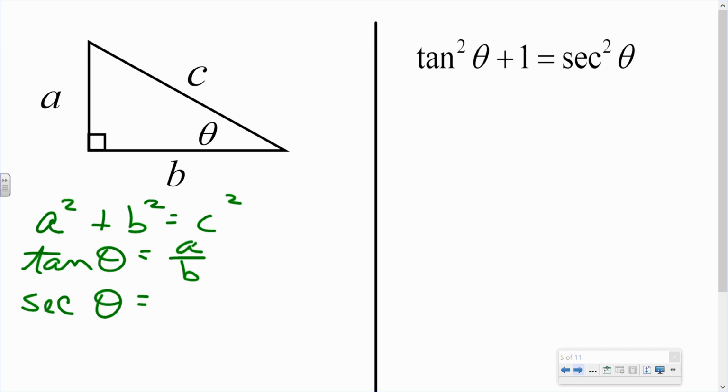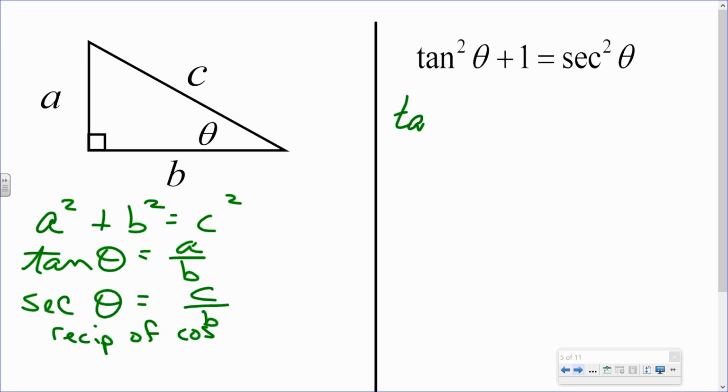So reciprocal of cosine, and cosine is hypotenuse, what? Adjacent, opposite, hope. Adjacent over hypotenuse, so the reciprocal is hypotenuse over adjacent, so what does that mean for theta? And now we're going to try to do our proof using those three things.